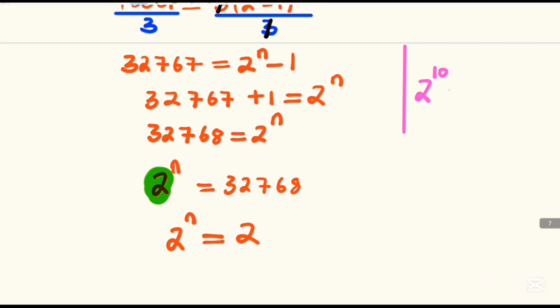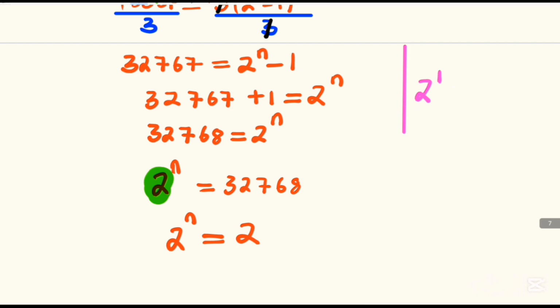And 2 raised to the power 10 is equals to 1024. So let's try 2 raised to the power 11. This is equals to 2048. So we try 2 raised to the power 12. And it's equals to 4096. So let's try 2 raised to the power 13. 2 raised to the power 13 is equals to 8192.